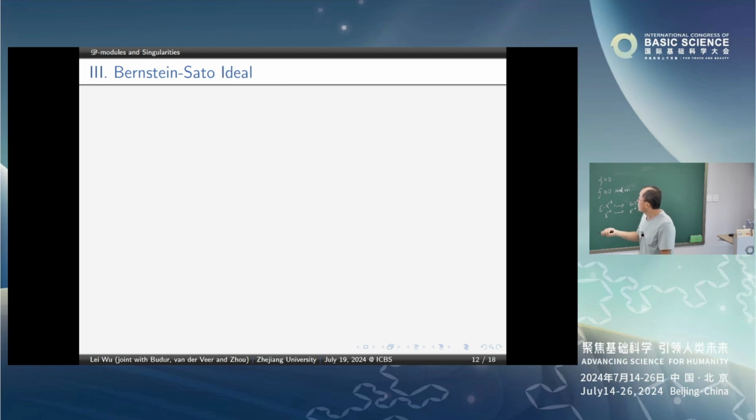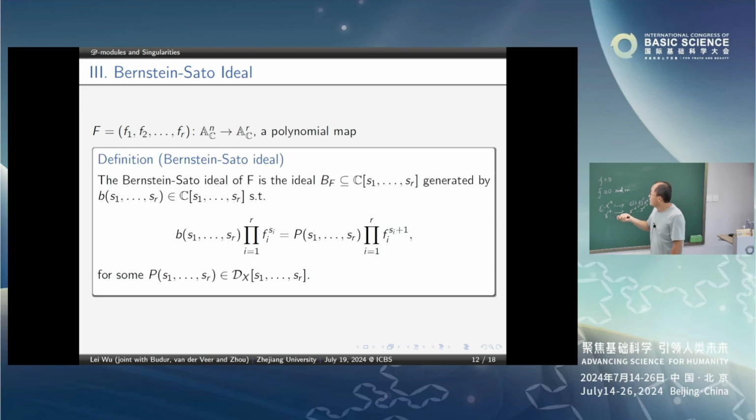All right. So then we want to generalize this classical picture into multivariable rings. So instead of considering one function, we can consider a polynomial function. We can consider polynomials, okay? And then we can mimic the definition of the Bernstein-Sato polynomial.